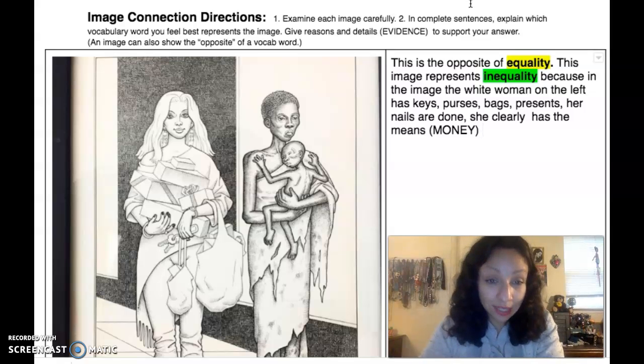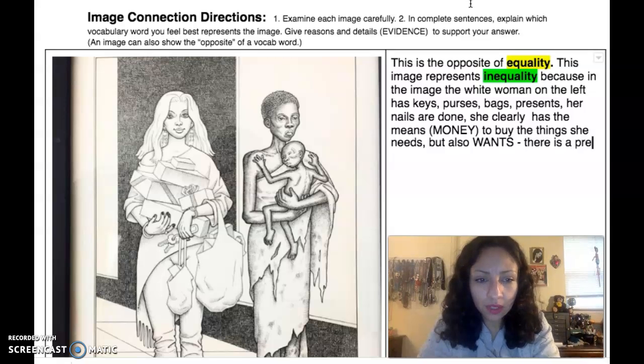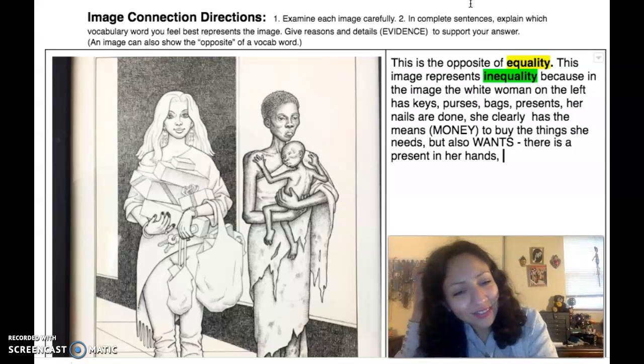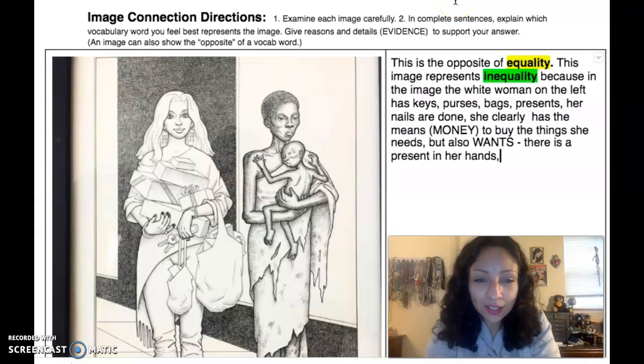She clearly has the means, right? The money to buy the things she needs, but also wants. And we can tell that by the present, right? There is a present in her hands. That's like fun stuff, right? What else shows us the extra?